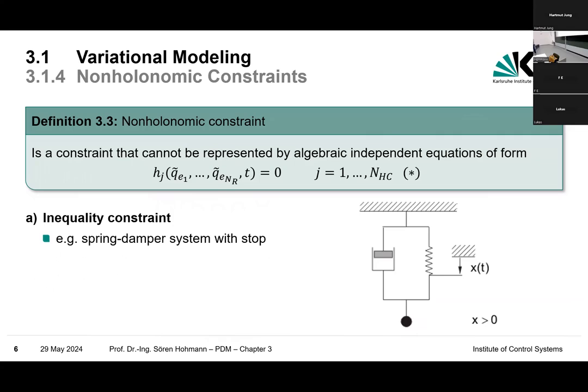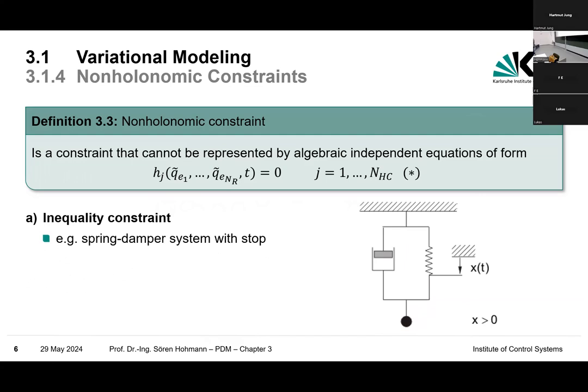So first, okay, inequalities. A simple example that you have in your car or even on your bike: if you have a front axle, it can go anywhere, and at some point it runs into the car or into the ground.